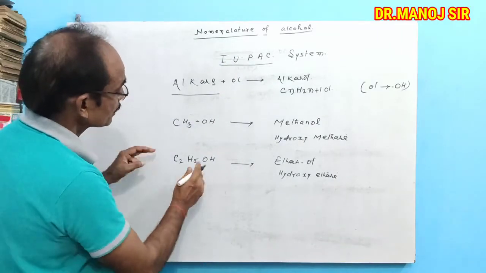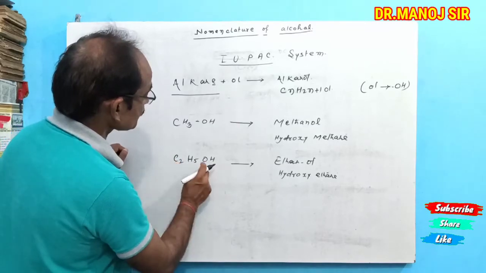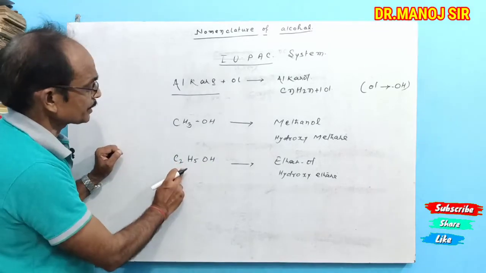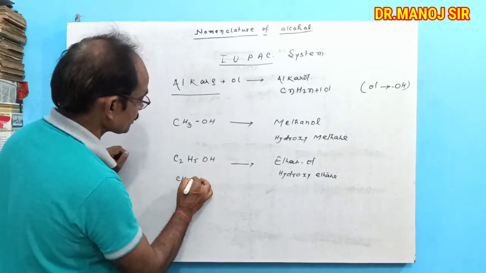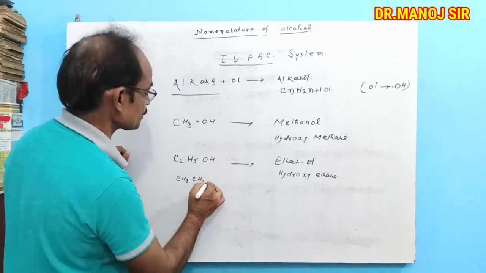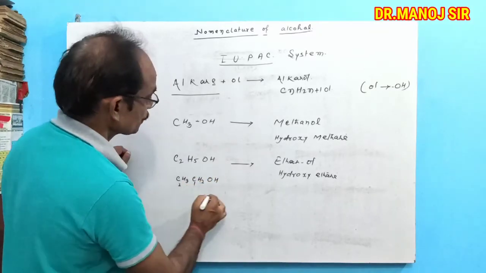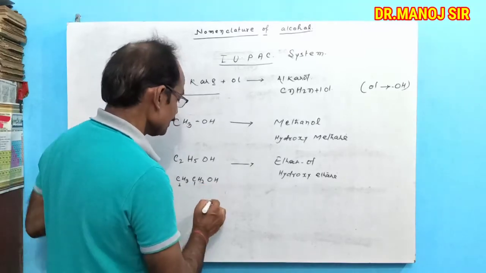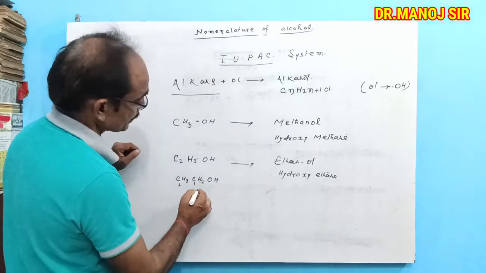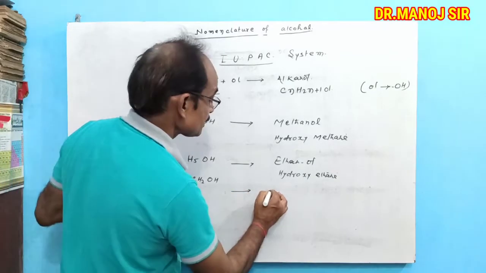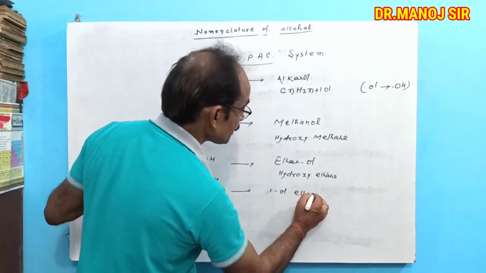When we expand it, it is CH3CH2OH, carbons 1 and 2, that in the numeral system by the IUPAC can be pronounced as 1-ol ethane.